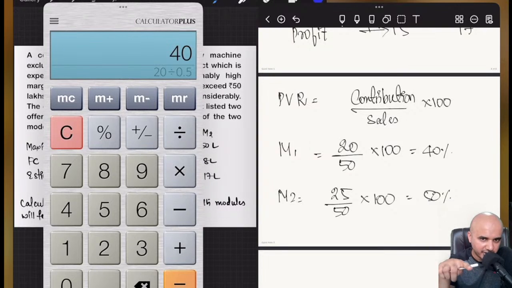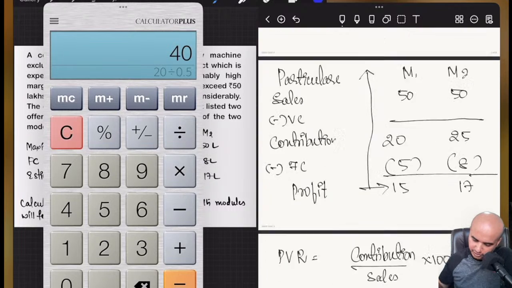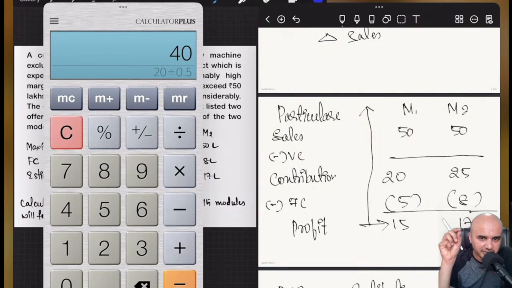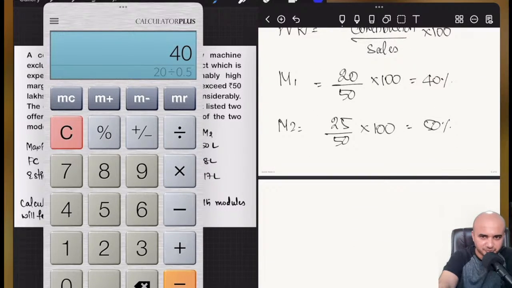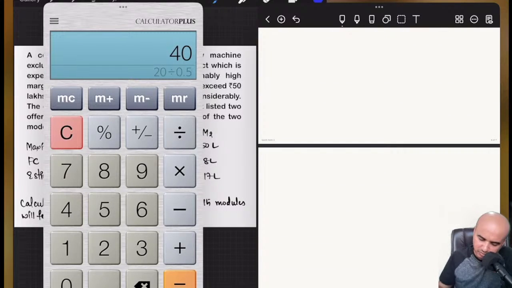With the help of PV ratio, we can easily identify the variable cost. For example, if you go back to the table here, it says sales minus variable cost equals contribution. Now we have found out the contribution percentage, so with the help of that, let's see how to calculate the variable cost.